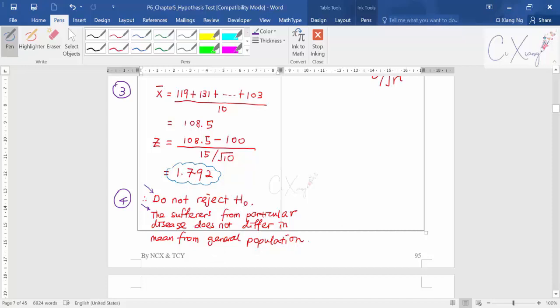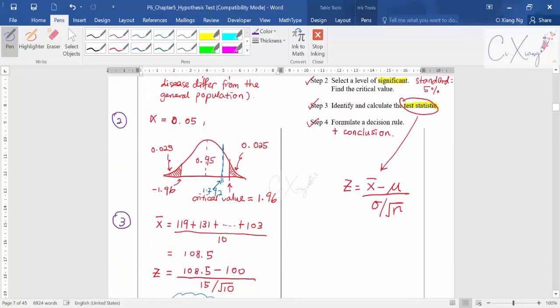Some of the reference books might not suggest you draw a graph like this. But for me, I think it helps me understand better, because at least I know where the rejection region is and where the acceptance region is, so I won't feel confused. So I usually try to draw it out.